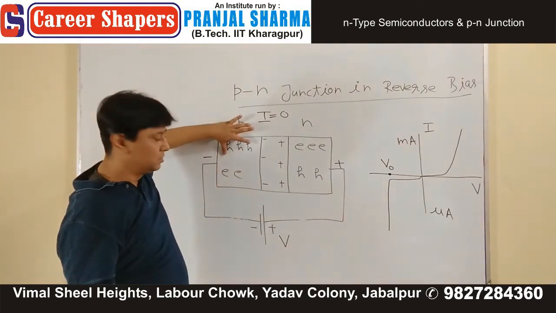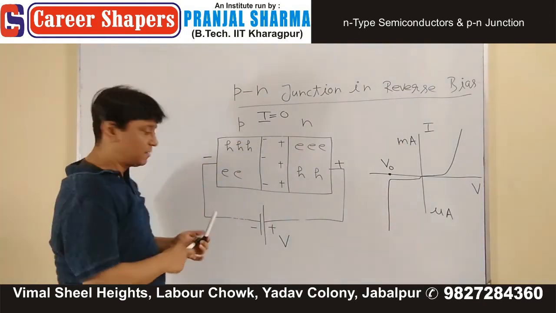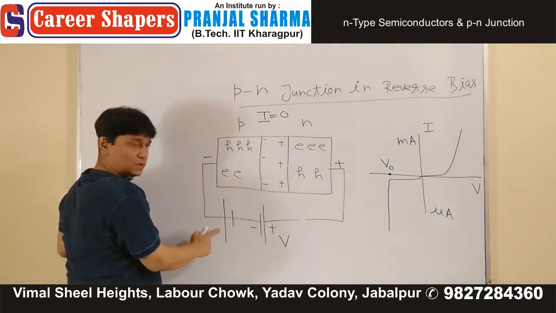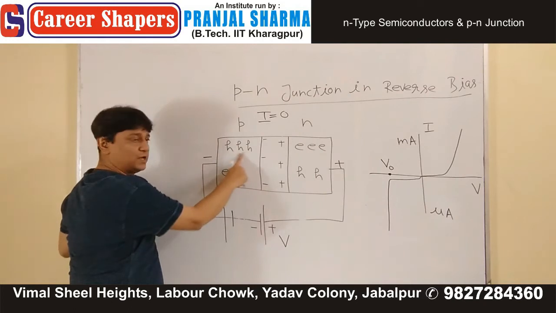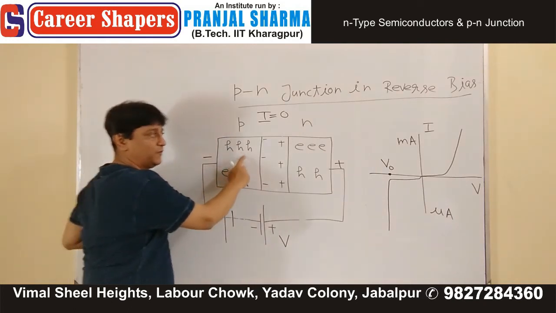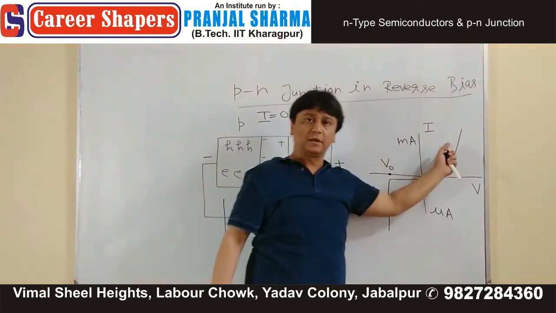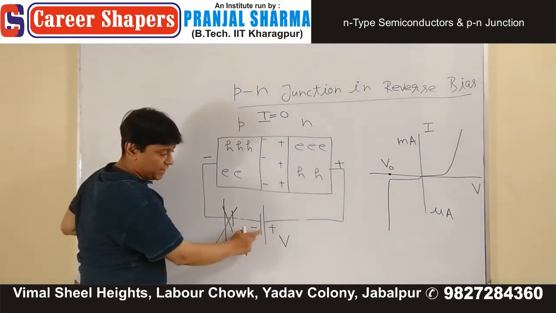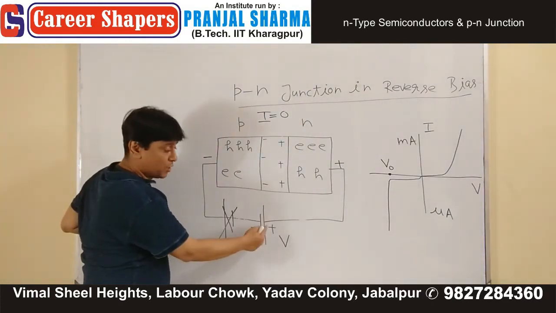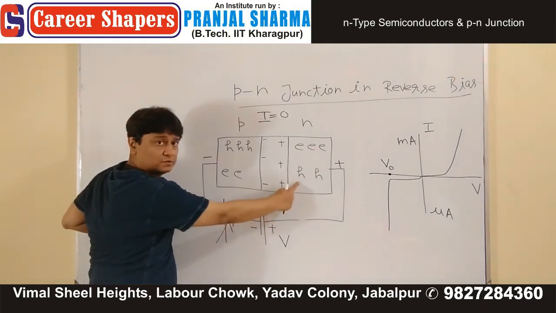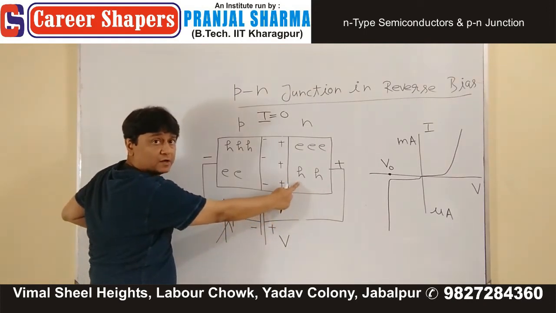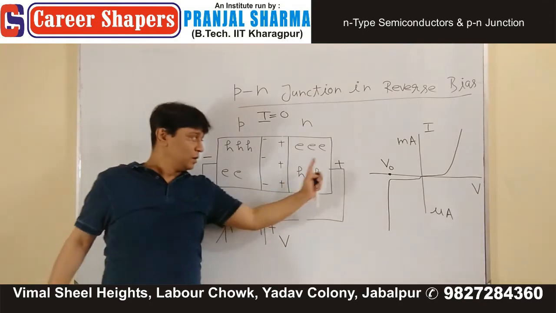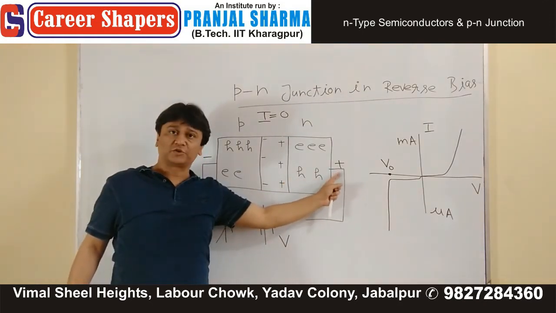When I have a battery like this, it is going to support these, giving us what? Current in milli. But instead of this, if I have a battery like this, then it is going to support what? These minority charge carriers. Minority charge carriers will be now favored by the positive terminal.